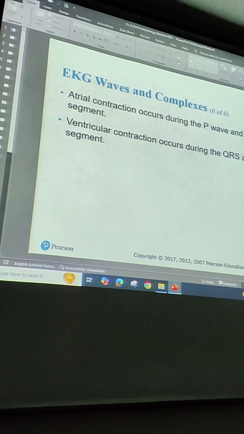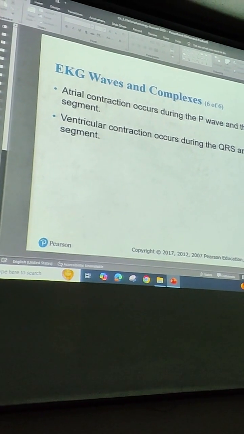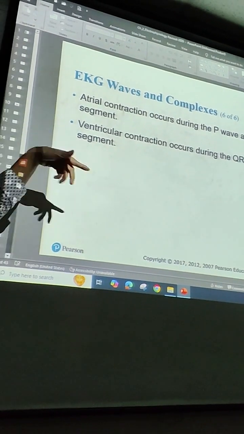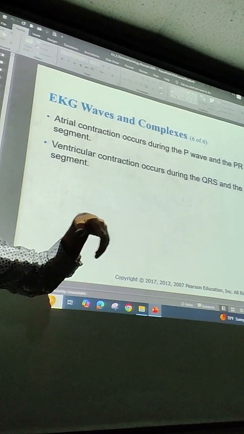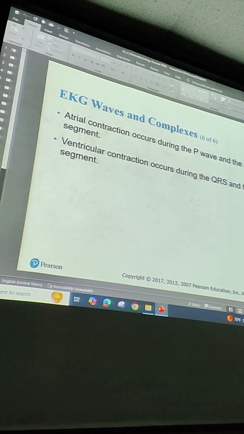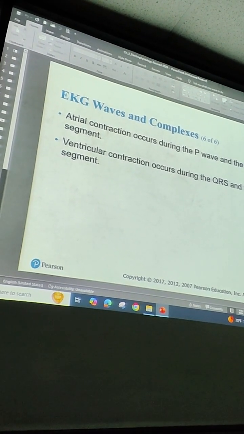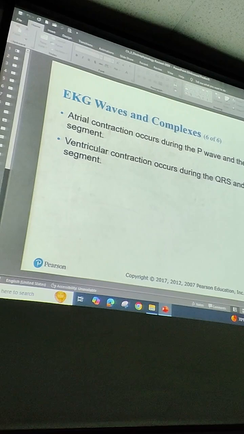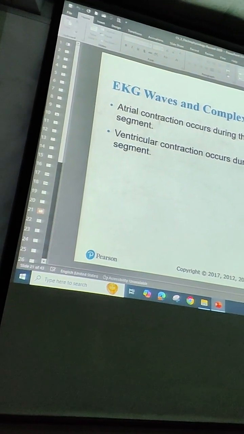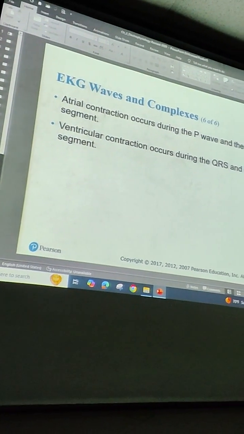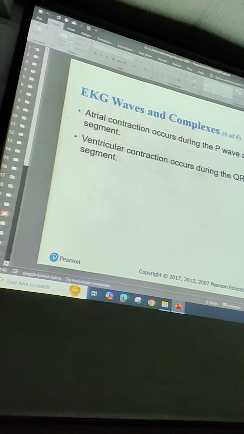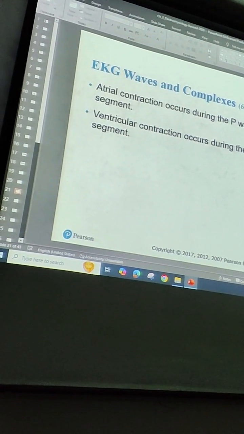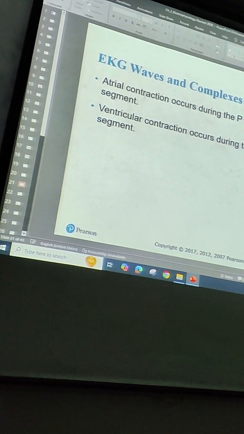If the atria contracts, the PR interval, the PR segment, they are part of the atrial contraction because it's before the QRS. But during the contraction of the ventricle, you're going to see the QRS complex and the ST segment because it's the contraction that they are asking you. So the T wave has nothing to do with that.